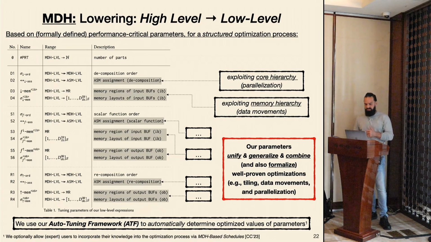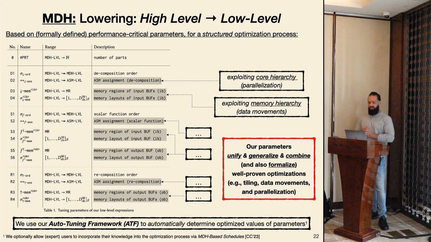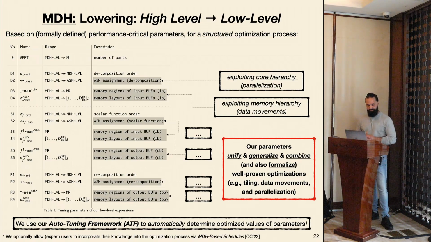Mostly they say how we want to exploit the core hierarchy and how we want to exploit the memory hierarchy, speaking very easily. And maybe not very surprisingly, we determine optimized values of these parameters, optimized for a particular architecture and data characteristics, using our ATF auto-tuning framework.